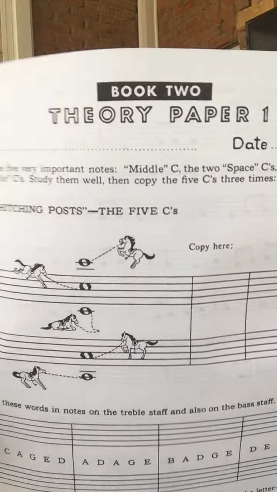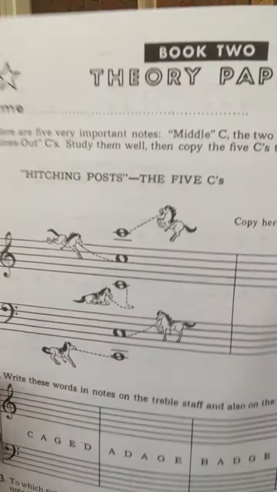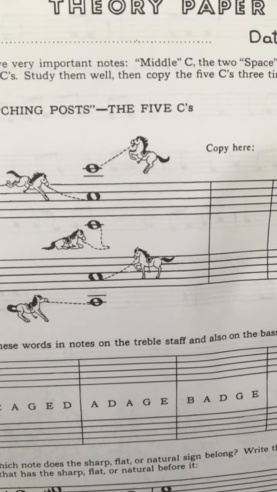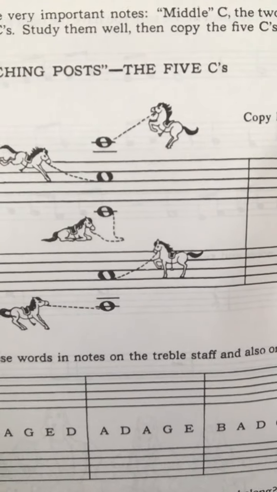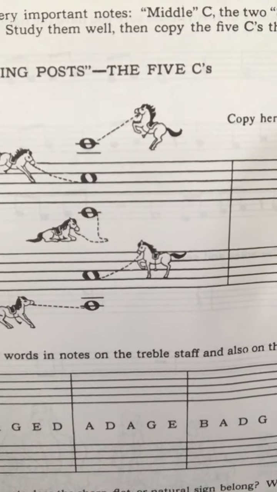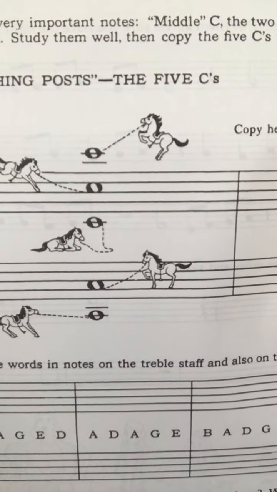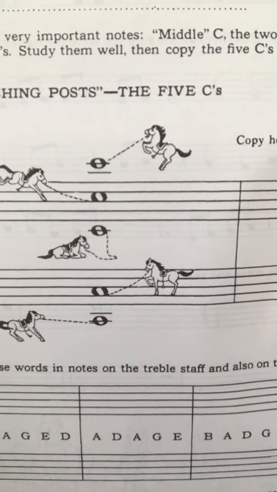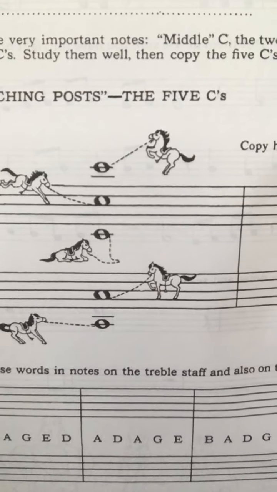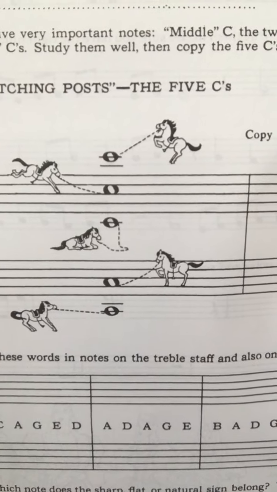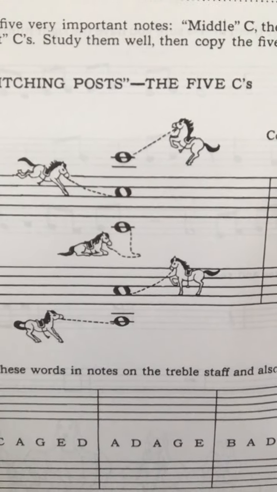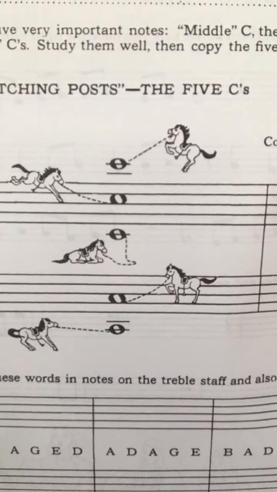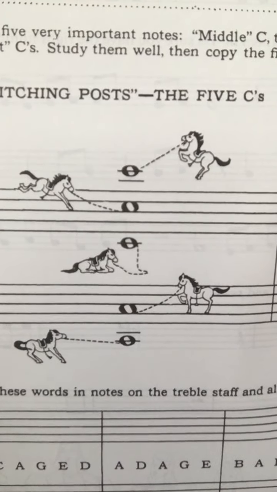If you'll notice, they have 2 lines. You see that? So the very high C and the very low C look the same. Now, the middle C you already know. We just need to make sure we know that the 3rd space in the right hand and the 2nd space in the left hand is our other C.